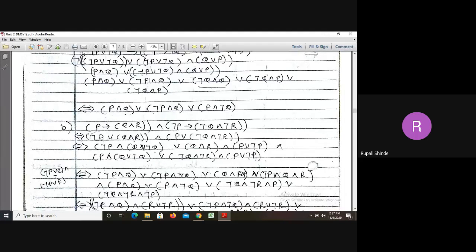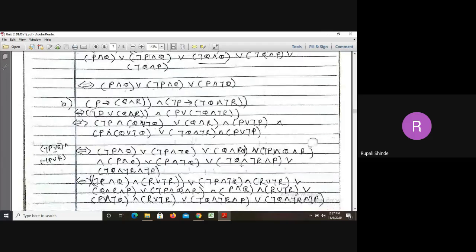Now we just have to apply the distributive law.